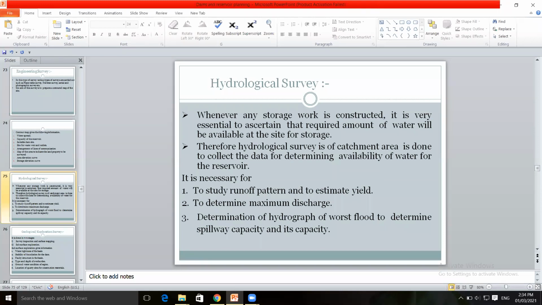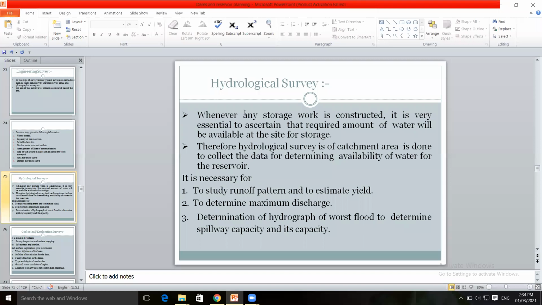That data is recorded. Then velocity of the water, then pressure, water pressure, hydrostatic pressure. So this data is recorded. This information is collected in this hydrological survey.